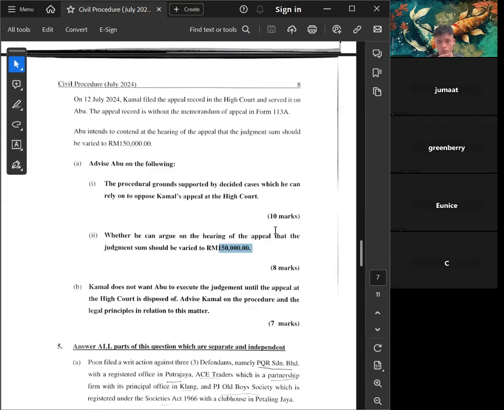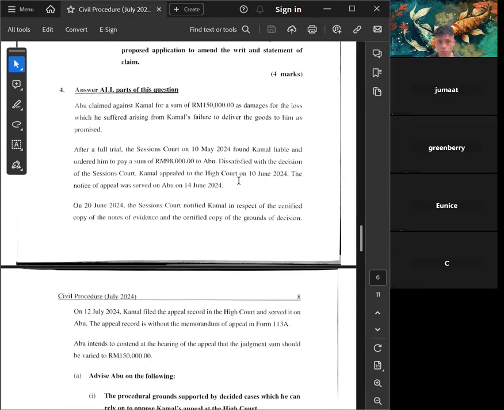You are just trying to vary a bit, partially, not the entire thing. Now you are trying to reverse it back to 150,000, which is the original position, because the judgment sum is awarded at 98,000.